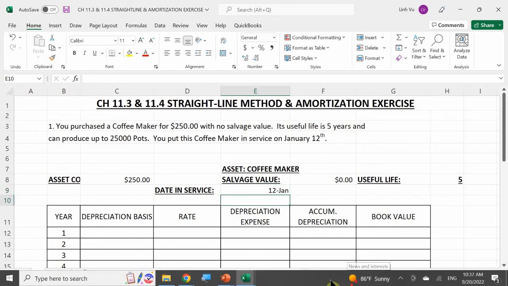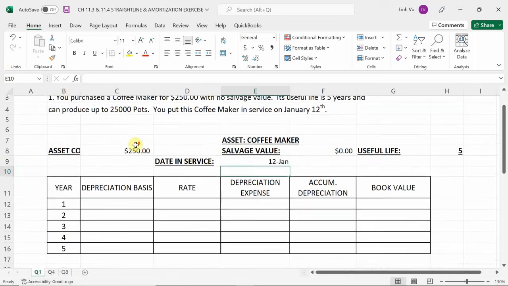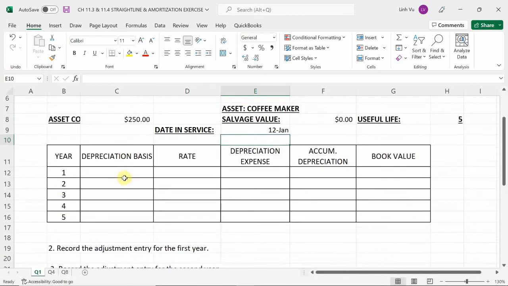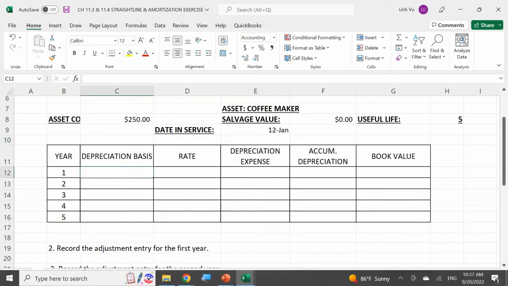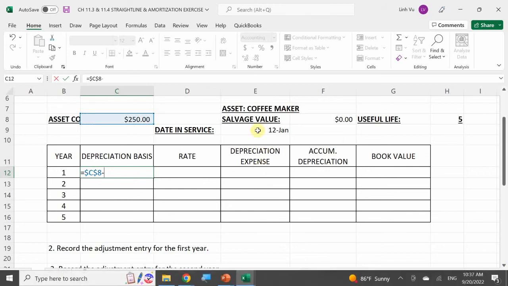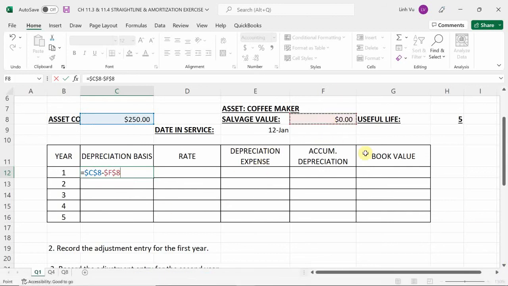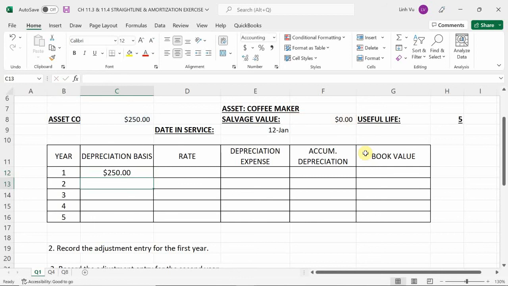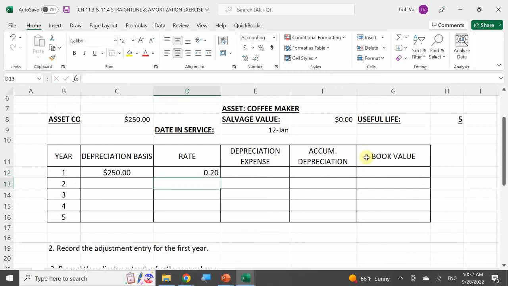Okay? So what's my depreciation basis? It's $250, right? Because it's going to be your asset cost of $250 minus your salvage value, which is 0, and that will give you $250. All right. What's my rate going to be? 0.2, right? 1 divided by 5, and that's it. So 20%.